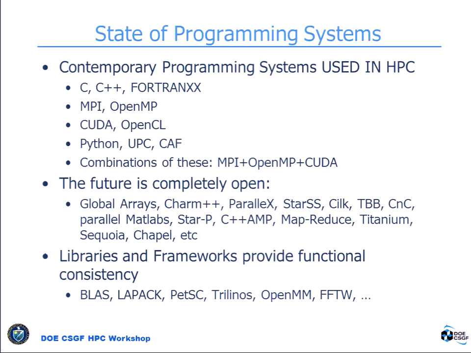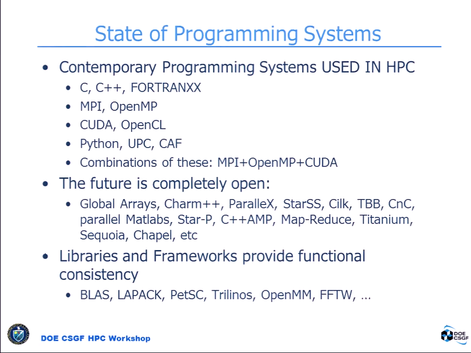If you go to some of the reports I mentioned earlier, there is a diverging opinion about what programming models are going to be in the next decade. There are things out there like Global Arrays and Charm++, StarSs, Cilk, Thread Building Blocks, Concurrent Collections, parallel MATLAB, and people are really starting to try to figure out if some of these tools offer a layer of insulation between all the complexity of the hardware and what their applications are trying to do.